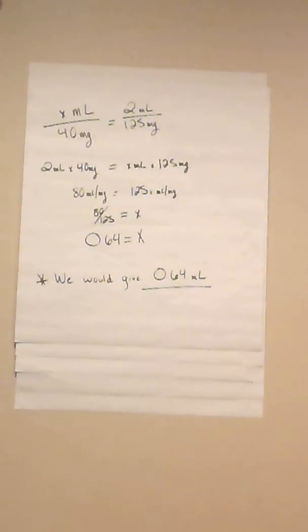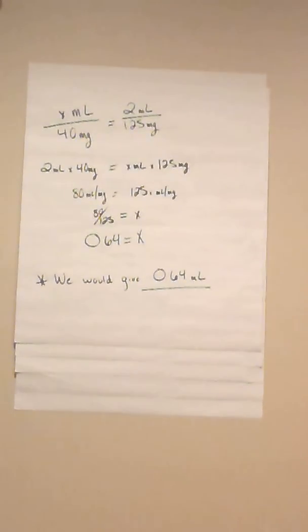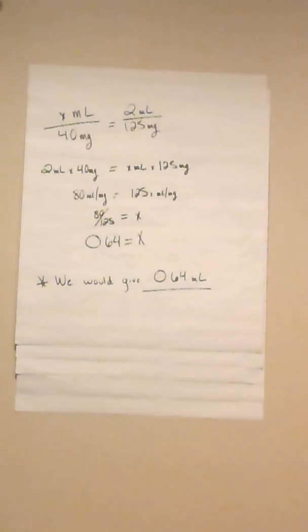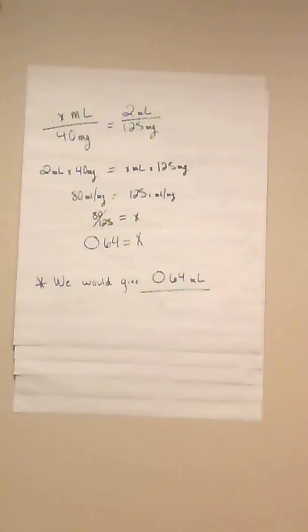We need to figure out how many mLs to give the patient so that they receive 40 milligrams if 2 mLs equals 125 milligrams. So in this equation, 2 mLs times 40 milligrams, when we cross multiply, equals X mLs times 125 milligrams.